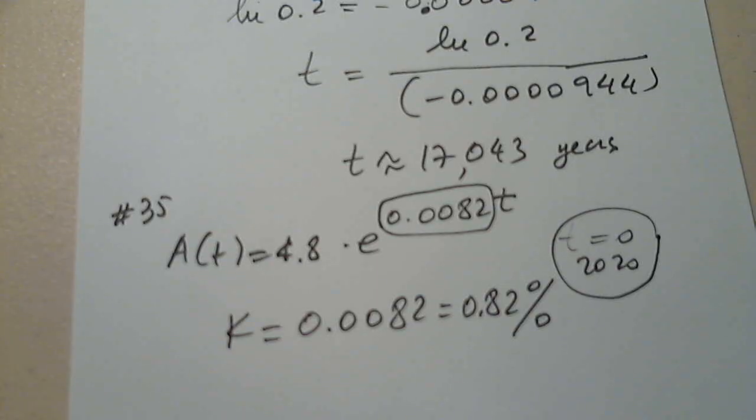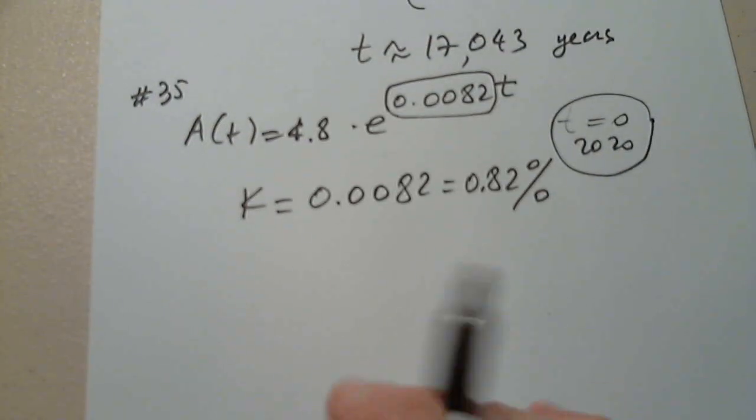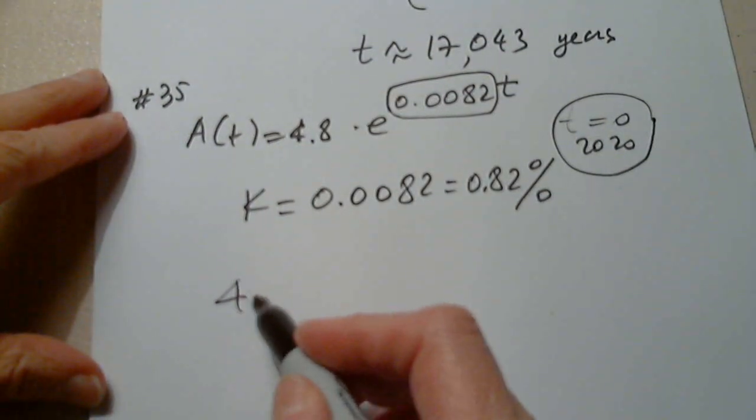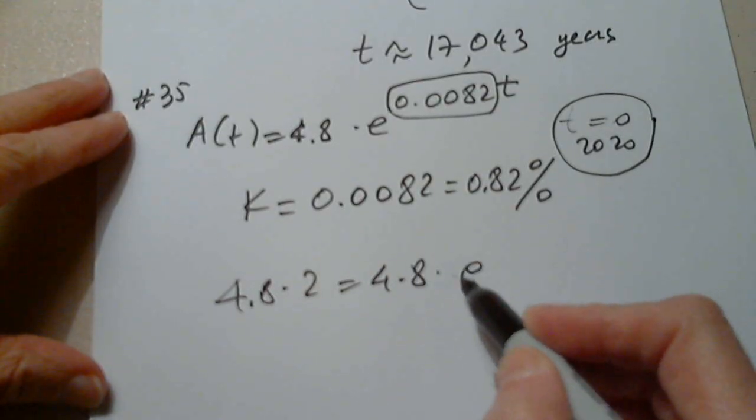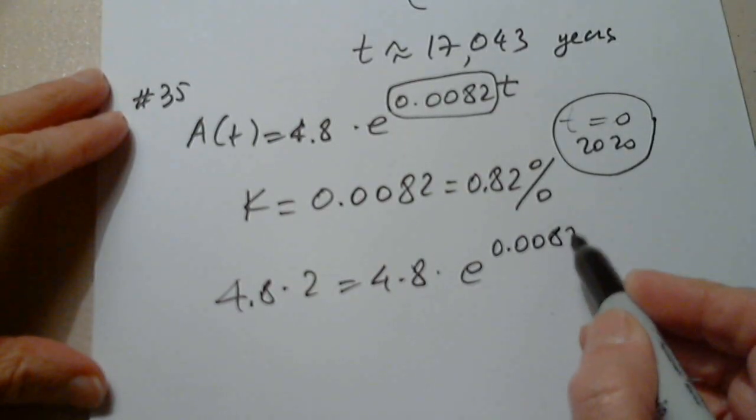Now it's asking how long it will take New Zealand to double its initial population. This is the initial population, 4.8 million, that's A sub 0, in millions. So 4.8 times 2 equals 4.8 e to 0.0082t.